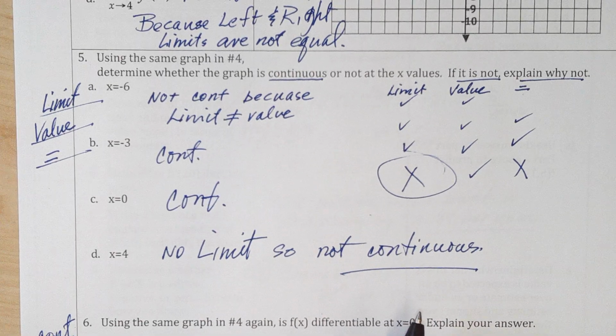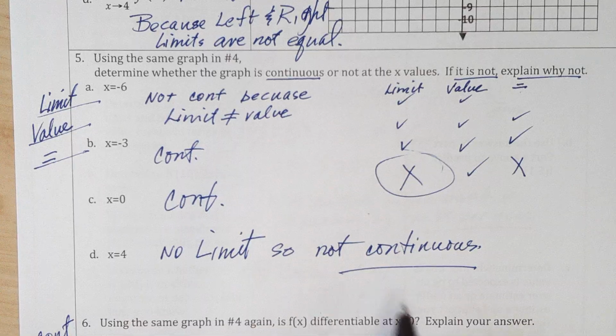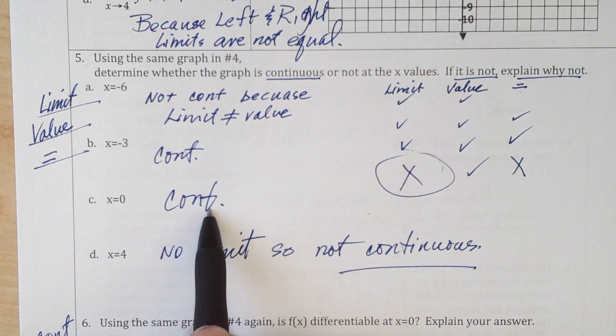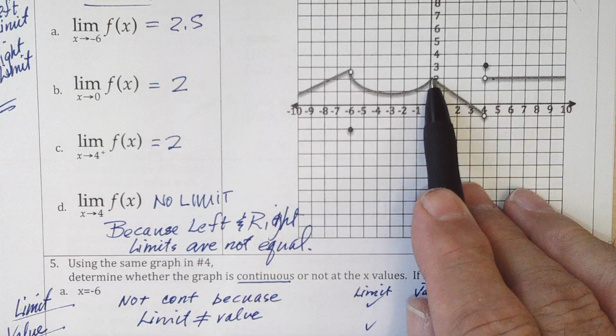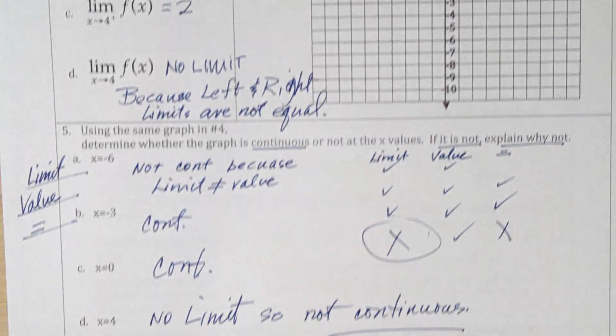So let's take a look at 0. Well, we've already decided it's continuous. And if we look up here at 0, it's continuous, but it has a cusp.